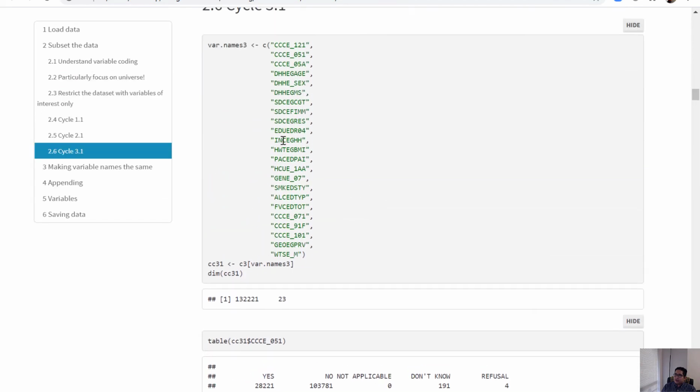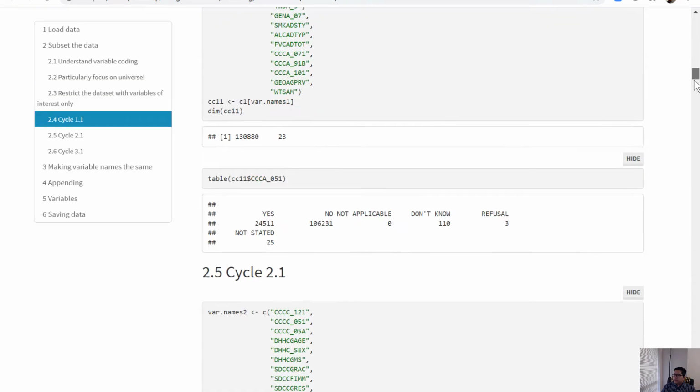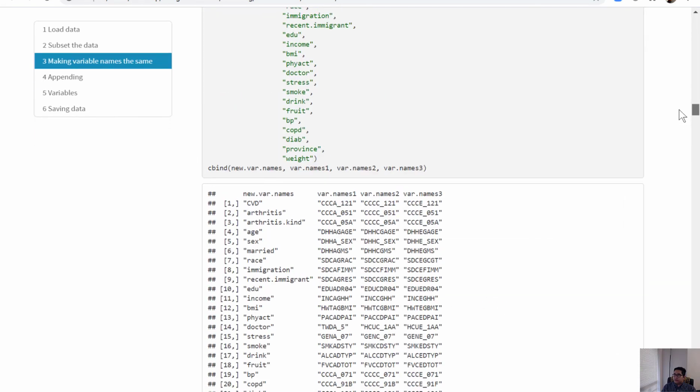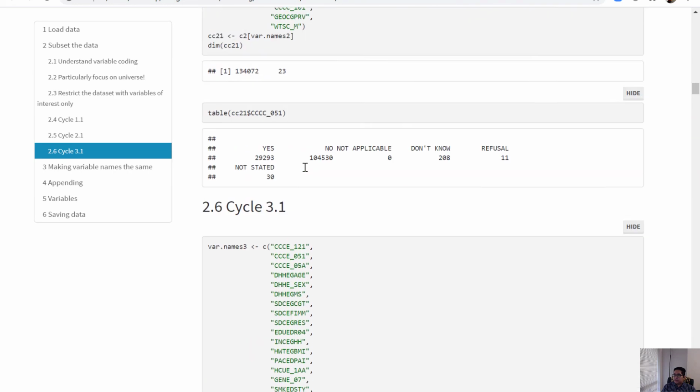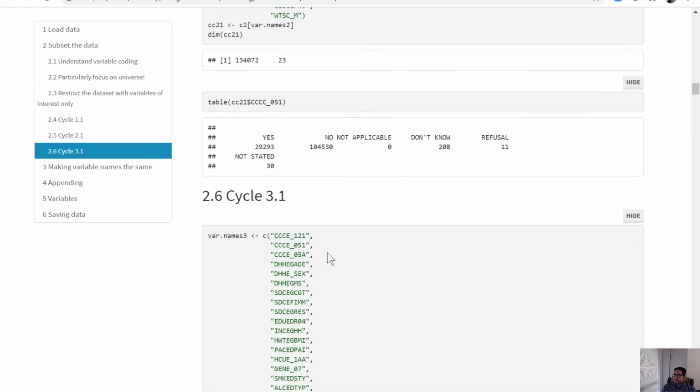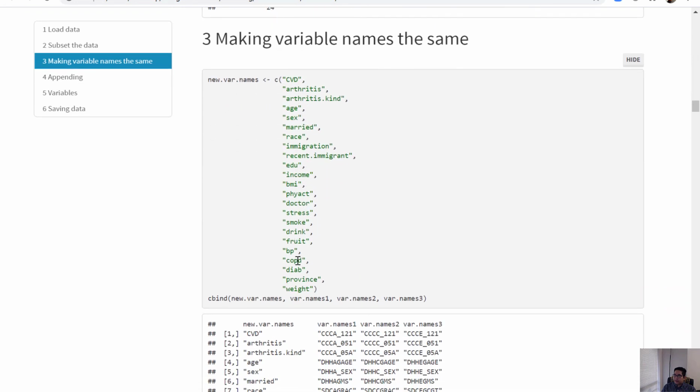And then these are names that are very hard to remember. What is the name of this variable? And every time you need to come back to this code book to find out what this variable was representing, right? So to avoid that, one thing you can do is, since you kept all of the variables in the same order in the CCHS 1, 2, and 3, let us just use the same names, the concepts.